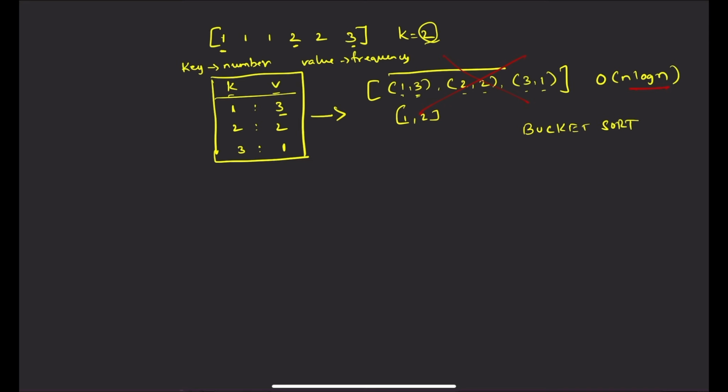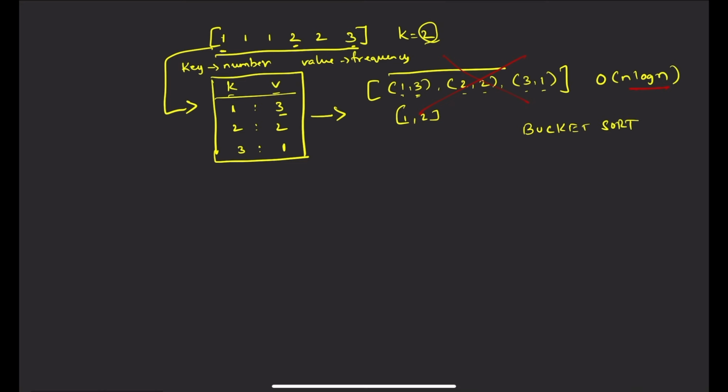So basically, given the array, we start the same way. We build the frequency map, right? So far, it is the same as the brute force approach. But now we do something different. Instead of sorting, we now ask, what if I use a list where the index of that list represents the frequency?